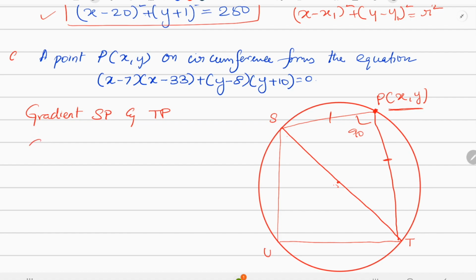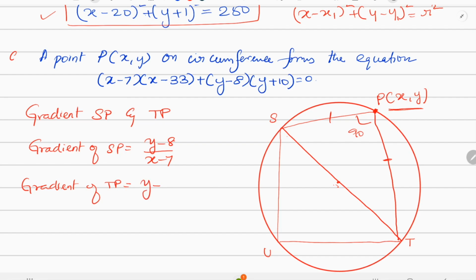Now the gradient of SP equals y minus 8 divided by x minus 7. Then the gradient of TP equals, what is the gradient formula? Already you know, y1 minus y2 divided by x1 minus x2.